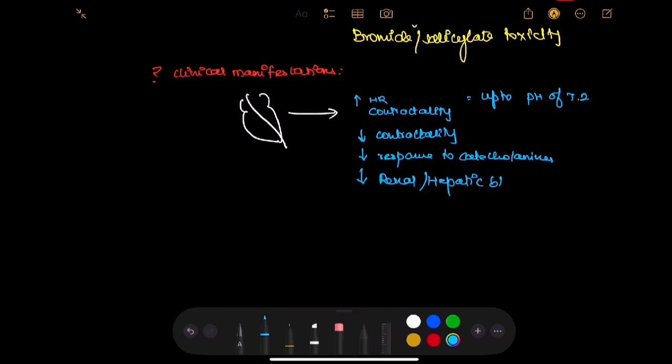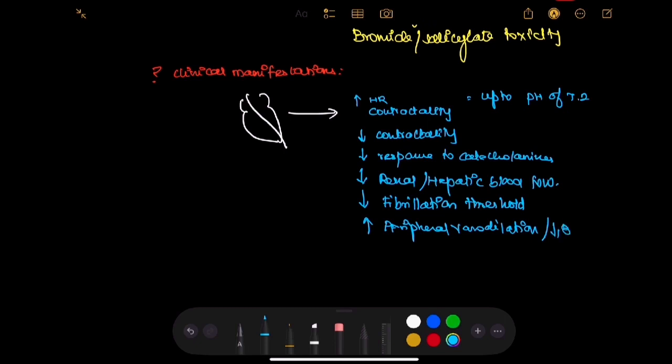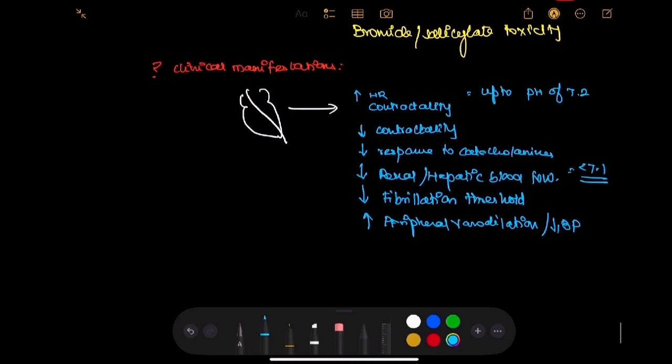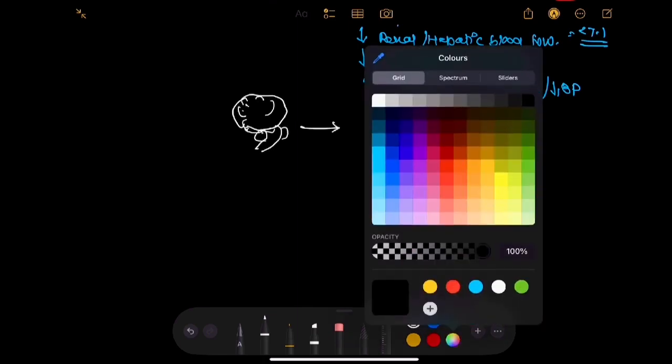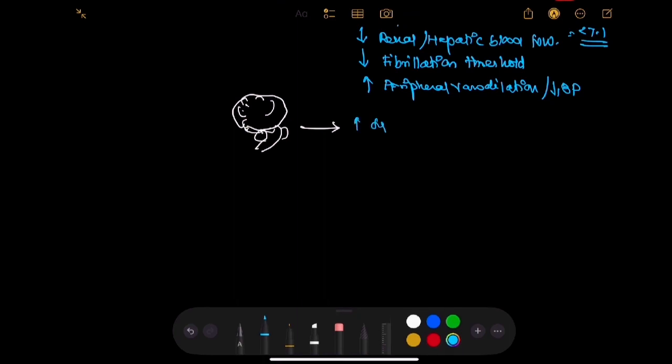If the pH decreases beyond 7.2, like 7.1 or less, there will be decreased contractility of the myocardium, decreased response to catecholamines, decreased renal as well as hepatic blood flow, and decreased fibrillation threshold, leading to an increased chance of atrial fibrillation and other arrhythmias, and increased peripheral vasodilation and decreased blood pressure, which leads to further worsening of the shock. This will lead to increased lactate production, and lactate will further cause acidosis, and this will be a cycle.